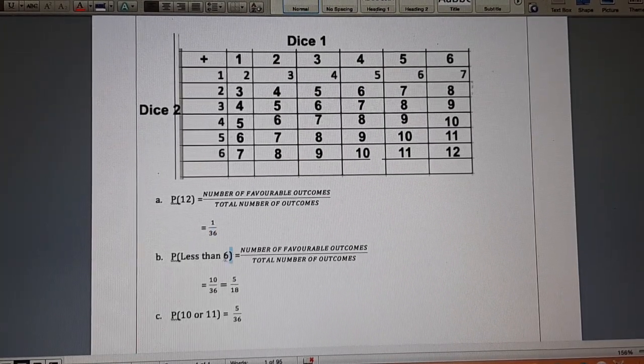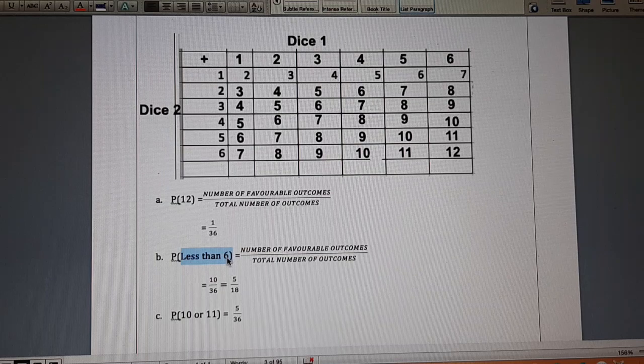Then we have to find the probability that the sum of the scores of the two dice is less than 6. If you see from the possibility diagram, this 5 is less than 6. So we have got one score over here which is less than 6. Then 4 and 5, both of them are less than 6. So we have 3 outcomes.